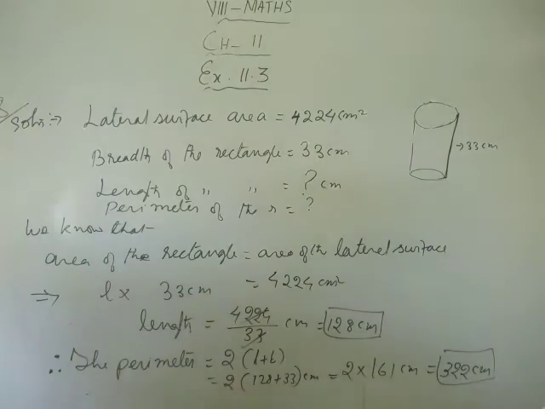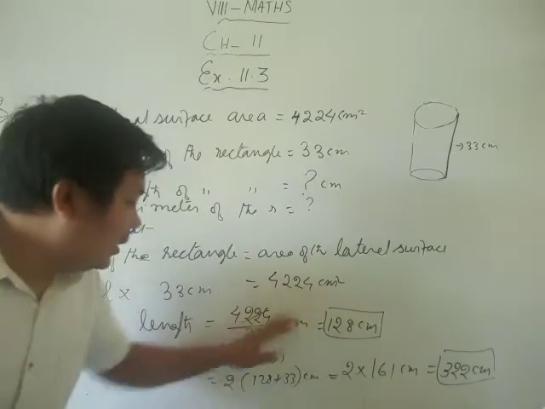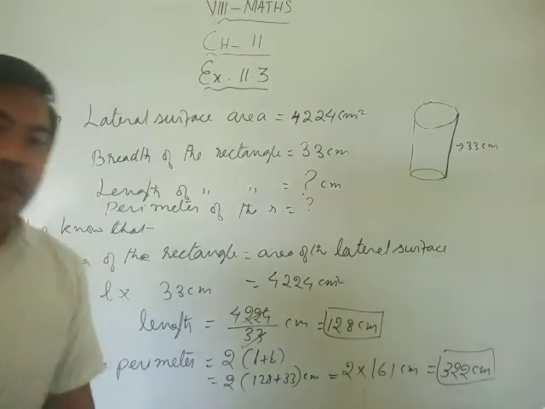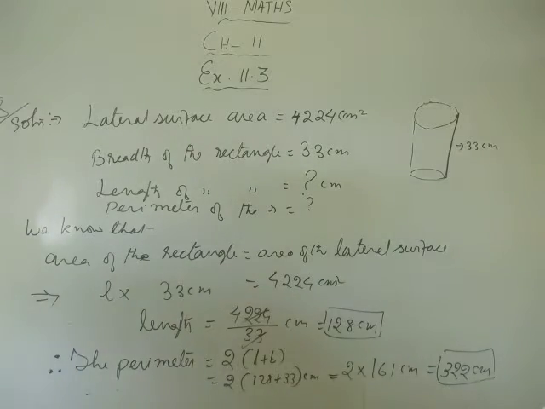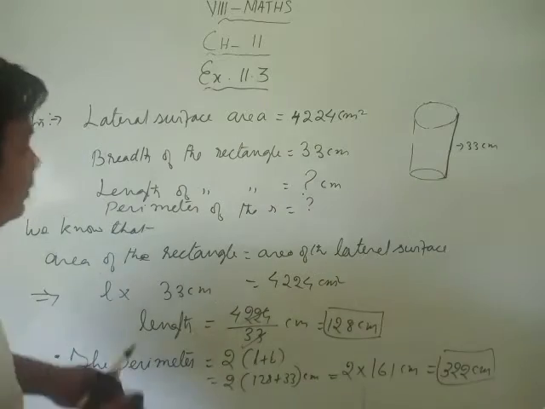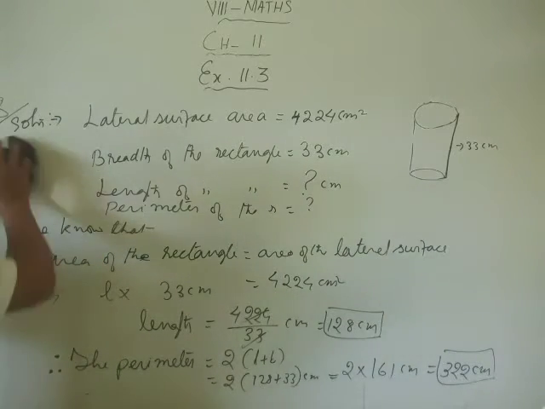So this is the perimeter. The answer is 132 centimeters as the length and 322 centimeters as the perimeter of the rectangle. With this, let's go to the next question. Please note down this as the solution for question number 8.